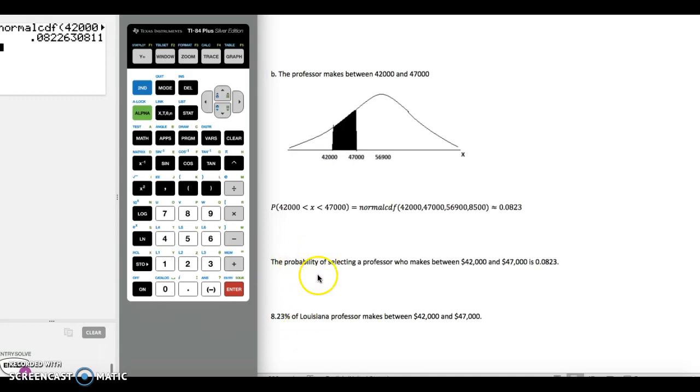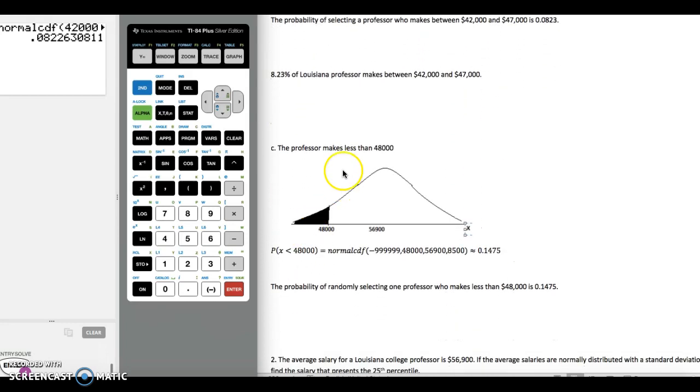So there's kind of two ways of thinking of this. The probability of selecting a Louisiana professor who makes between $42,000 and $47,000 is 0.0823, rounding to 4 decimal places. Or you can also say about 8.23% of Louisiana professors make between $42,000 and $47,000.